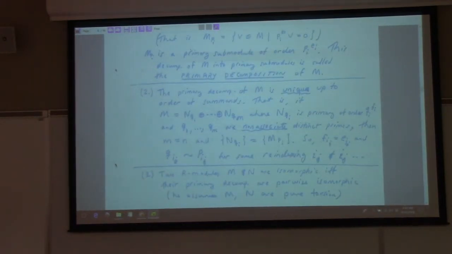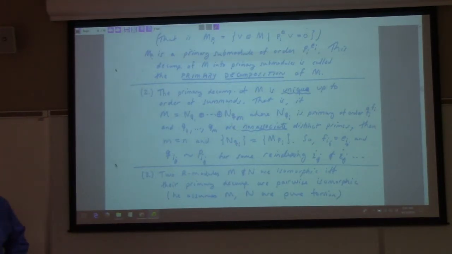Now, the primary decomposition is unique up to the order of the summands. So if you were to take a different set of primes, possibly non-associate distinct primes, in other words, they're distinct and they're not associates of one another, they're genuinely distinct, not like 5 and minus 5.